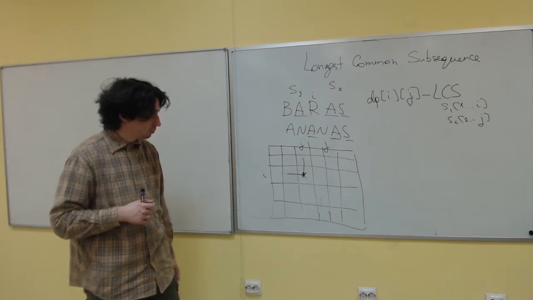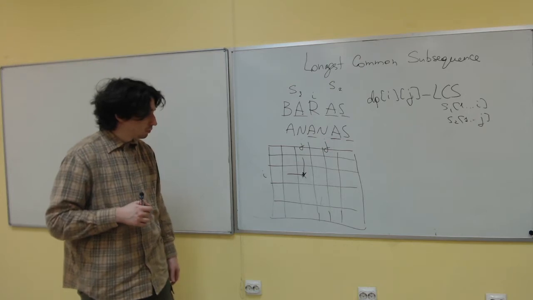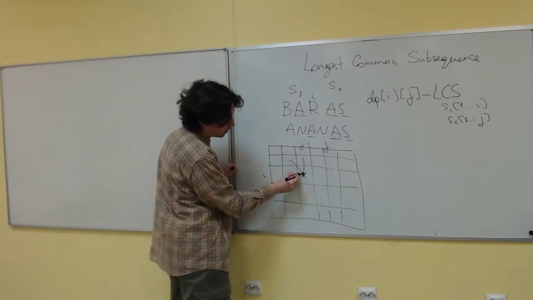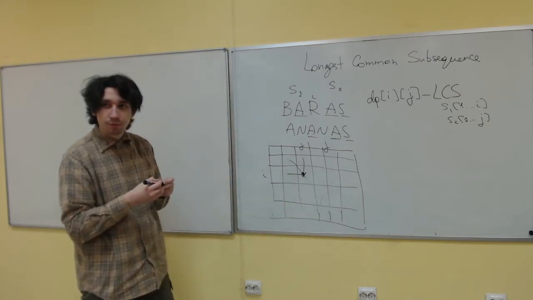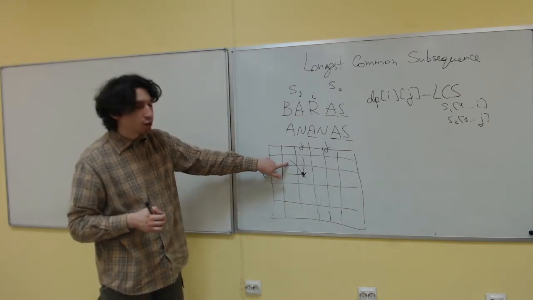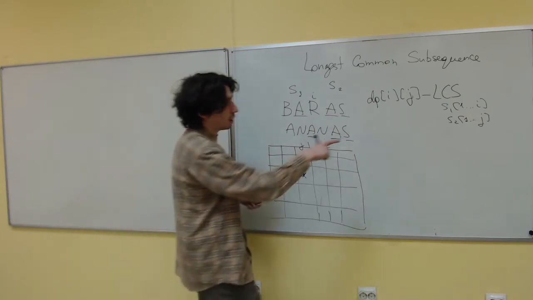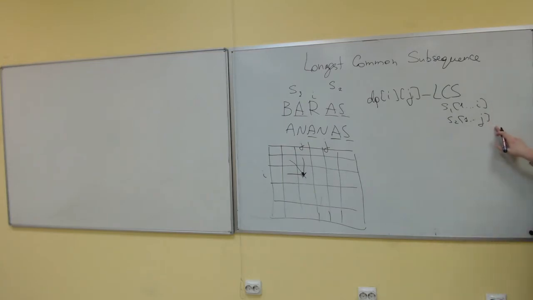I thought that we moved by one symbol, and we move from here. So this is the state when two characters are equal. So what does it mean? These two last characters are equal, then we cut them out, and what we are left with is S1 I minus 1 and S2 J minus 1, if both symbols are equal.